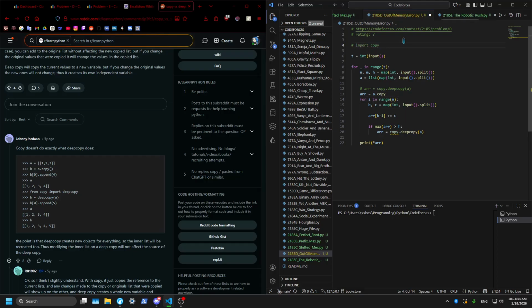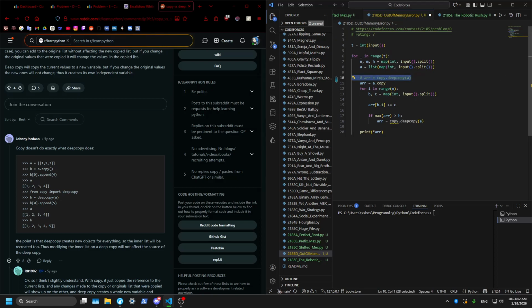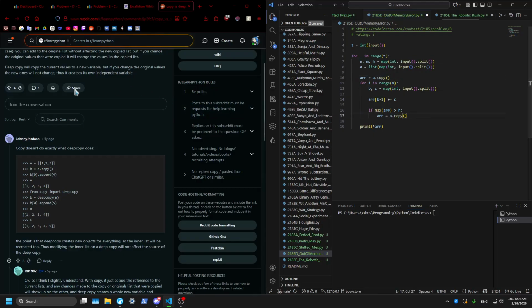Without the import? A shallow copy. Whoa. Wait, well, we don't need a deep copy, right? We can run with a shallow copy. I don't know if this speeds it up at all.